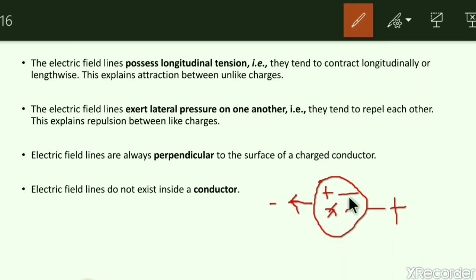Due to this electric field, inside the sphere, the conductor, there also exists an internal electric field. Charges are separated, because close to the negative charge all the positive charges of the conductor come and accumulate, and due to this positive charge all the negative charges redistribute close to this positive, and due to which there is separation of positive and negative charge.